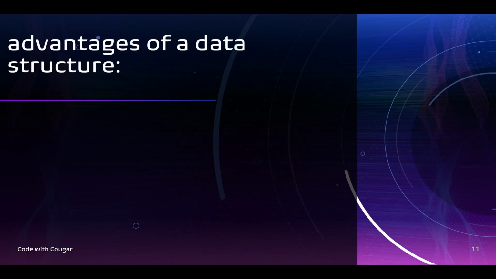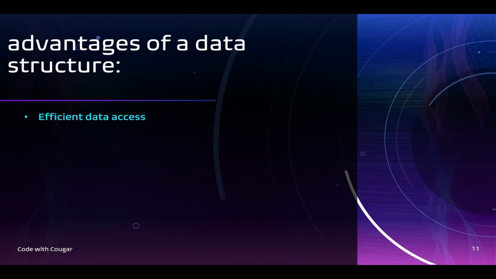So now let's talk about advantages of data structures. Data structures are an essential part of computer science and programming, and understanding their advantages can help us write better code and better software. So the first advantage of data structures is efficient data access.